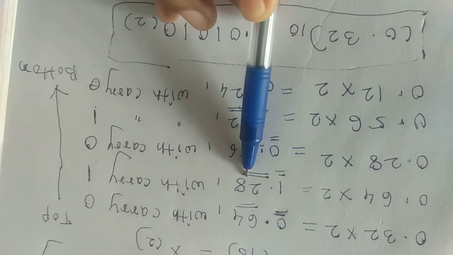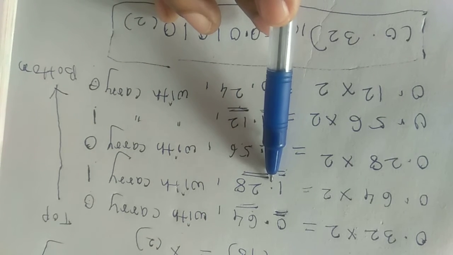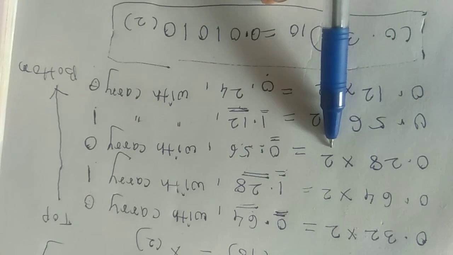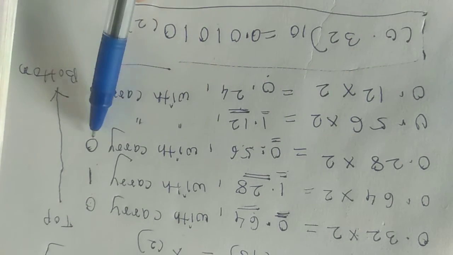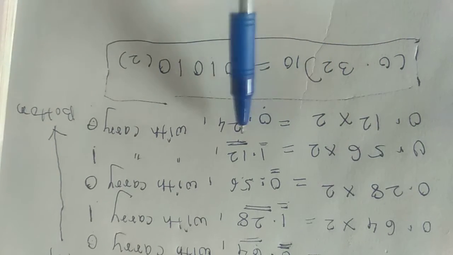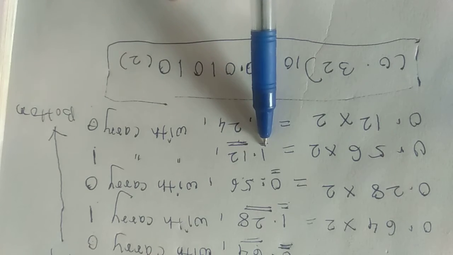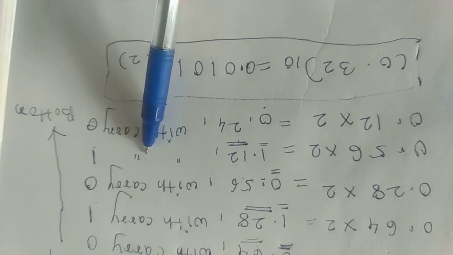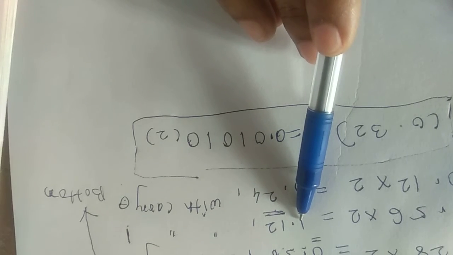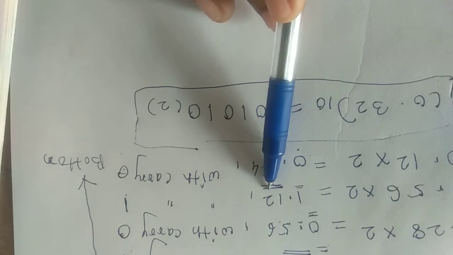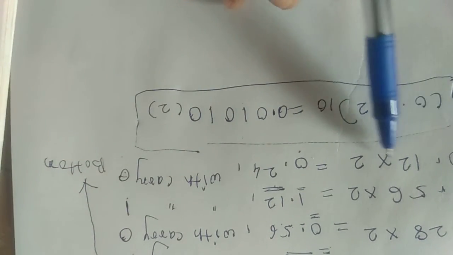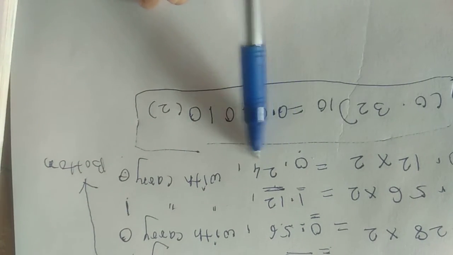Again consider the fractional part, the digits after the point, 0.28. 0.28 into 2 is 0.56, with carry 0. Again 0.56 into 2 is 1.12, with carry 1. Next, don't consider this 1; consider 0.12, as we did above. So 0.12 into 2 will be 0.24 with carry 0.